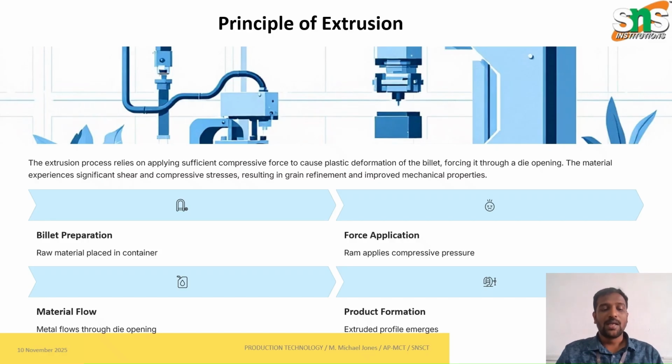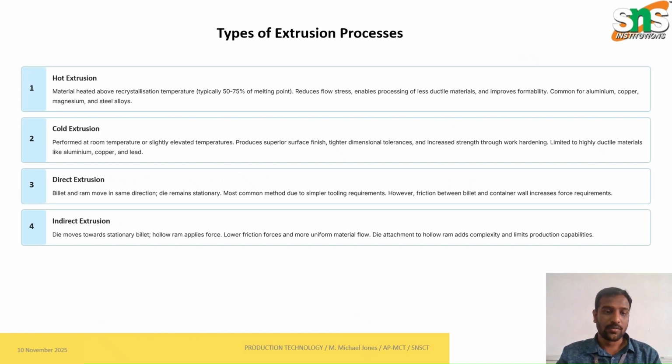These metal billets will be placed in a hopper, where they will be forced into a hot chamber where compressive force and temperature will be applied to them. When the metal billets are at a temperature to flow, then the die opening will be opened and the extrusion will happen to produce the form.